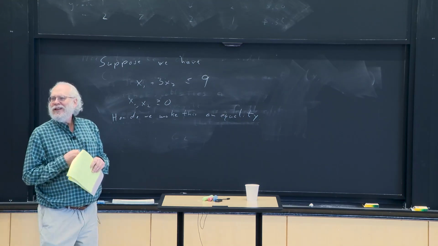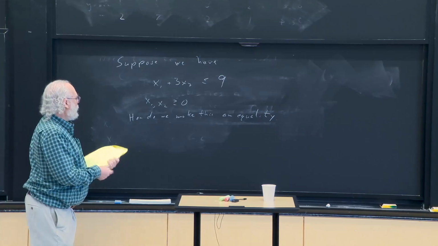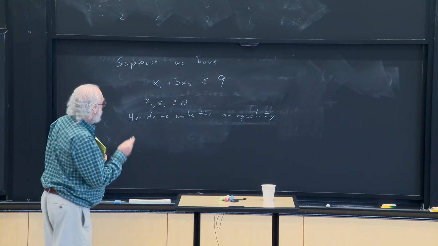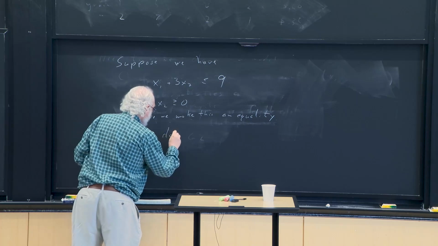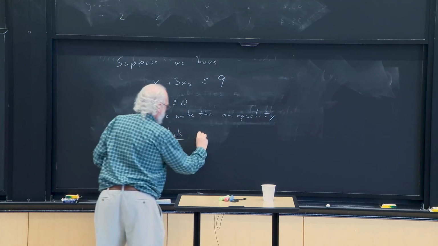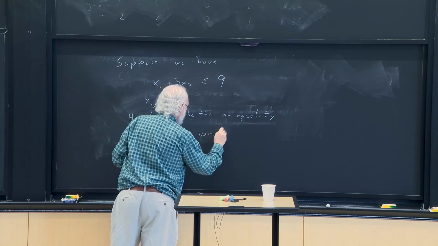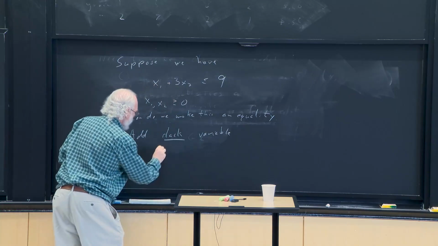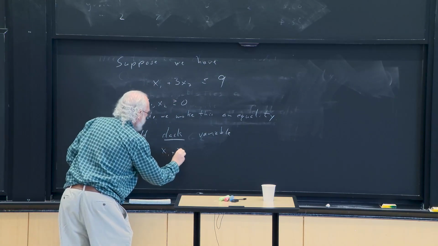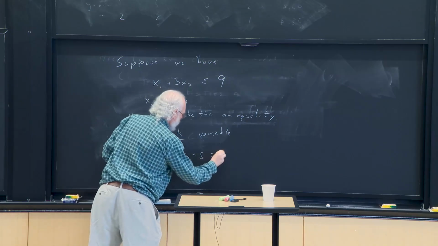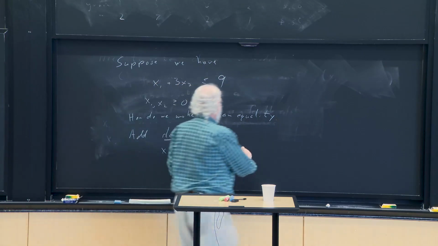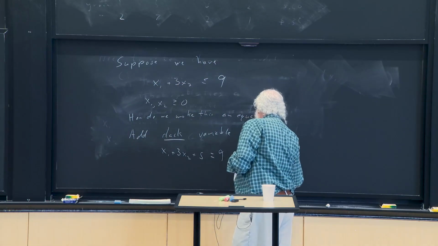Yes? You could add another variable. You add another variable. Very good. What we do is we add something called a slack variable, and we get x1 plus 3x2 plus s is equal to 9 with s greater than or equal to 0.